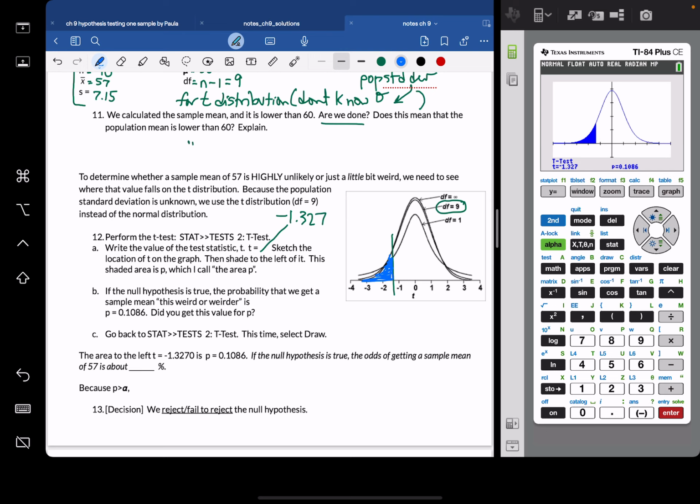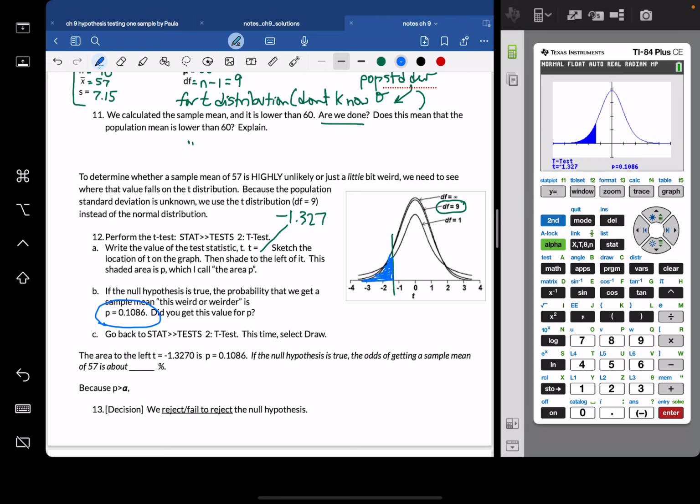We need to find the area P, and here I'm saying it's 0.1086. There is the area P on your calculator, 0.1086. We could find this using the TCDF thing on the calculator, or we can just be happy with what we've got.